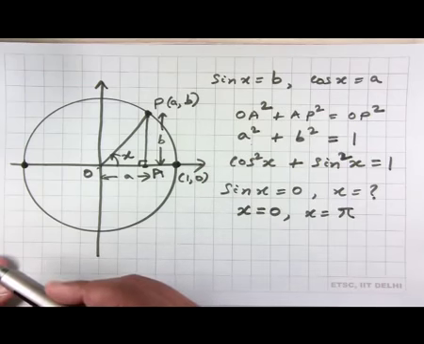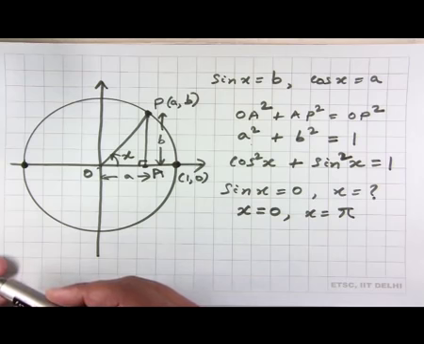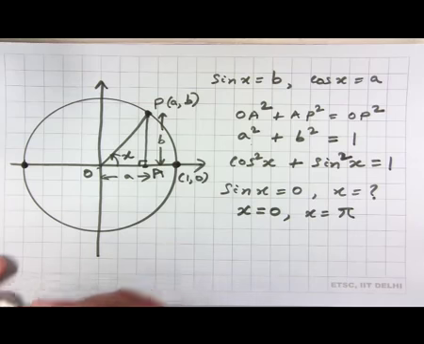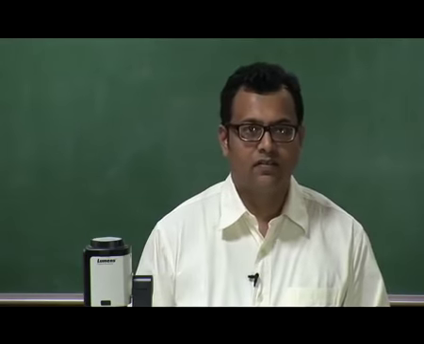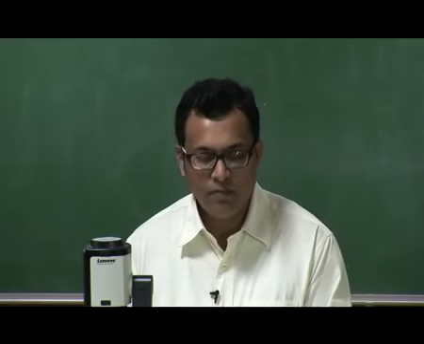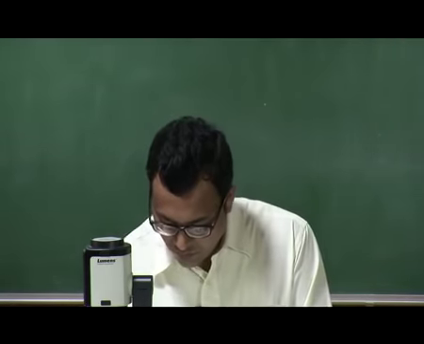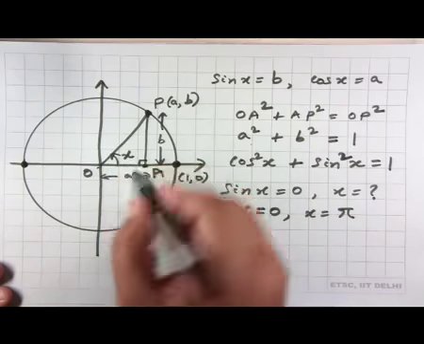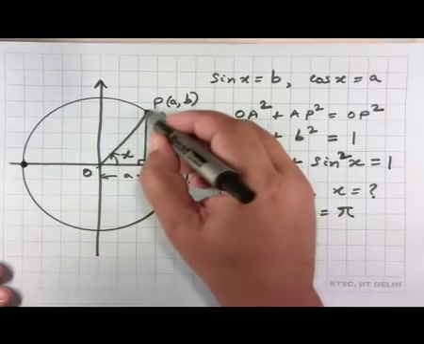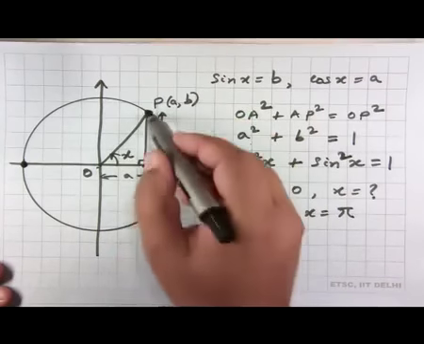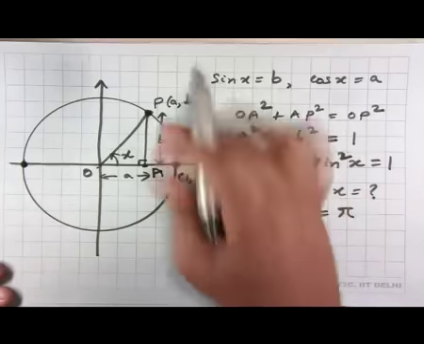But then we must also realize one thing, that both these functions sin x and cos x, their value will repeat if we increase or decrease x by multiples of 2 pi, because 2 pi radians corresponds to one complete revolution. So, for example, suppose we consider this point P, for which sin x is equal to the y coordinate.